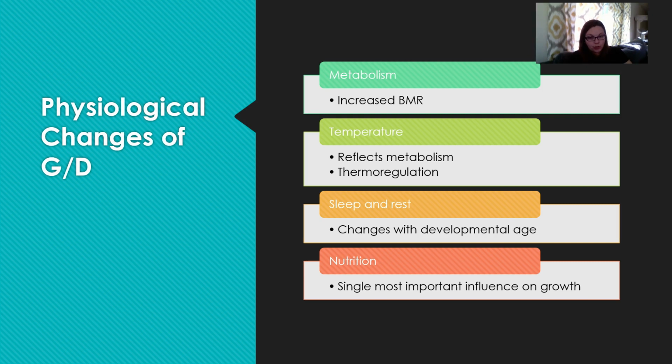And then nutrition, again, same thing. If you can correlate it back to my outliers, my infants and my teenagers are going through these big growth spurts, their metabolism is increased, so then they need an increased amount of nutrition to support that. However, with that being said, nutrition is the single most important influence on growth.